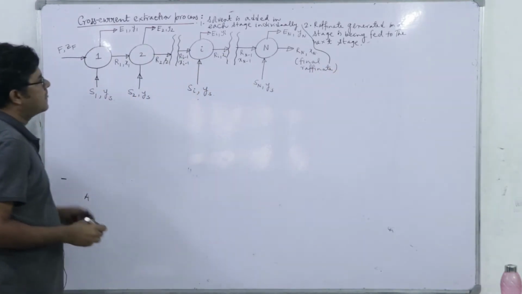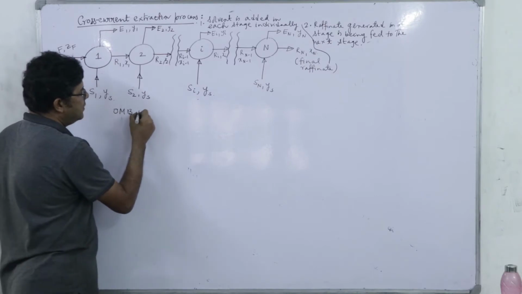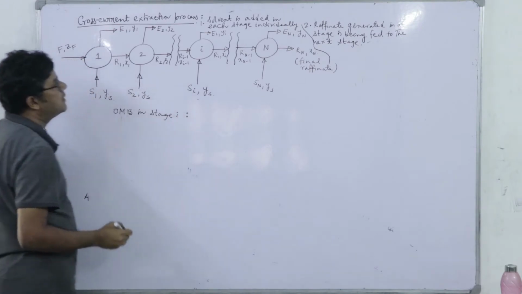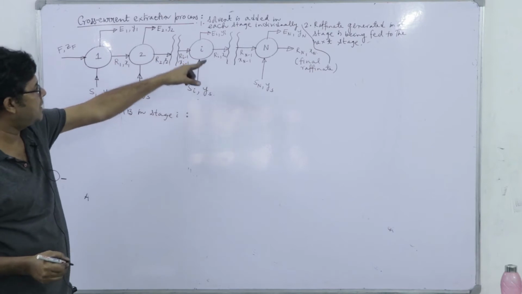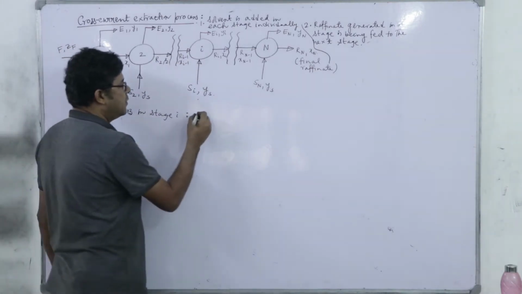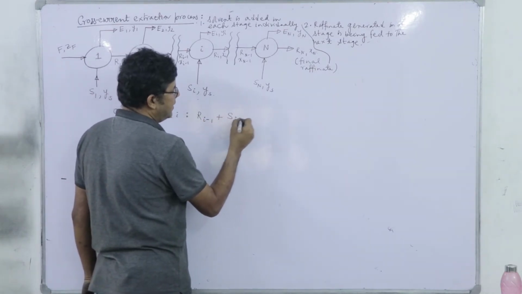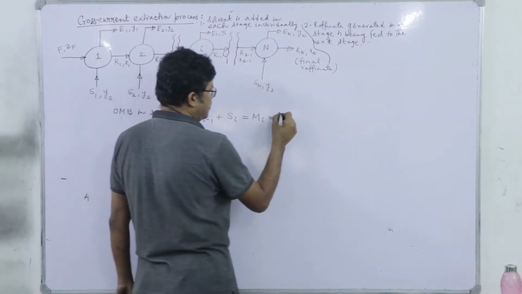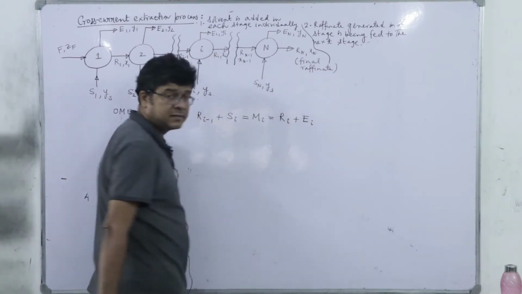So you see the overall material balance in stage i, how we can write that? R(i-1) is the inflow, Si is the inflow, Ei and Ri are the outflows. So R(i-1) plus Si, producing a mixture, is equal to Ri plus Ei, just like the single stage extraction process.